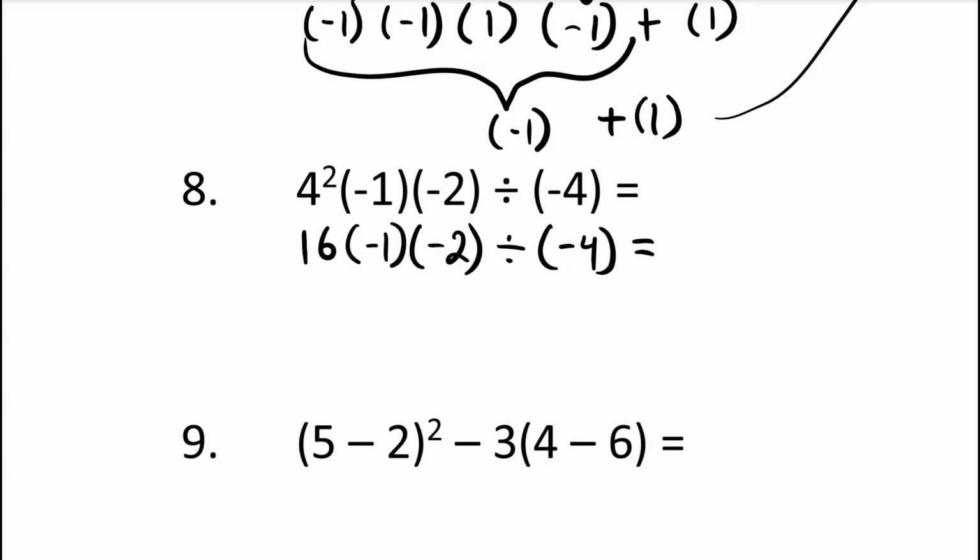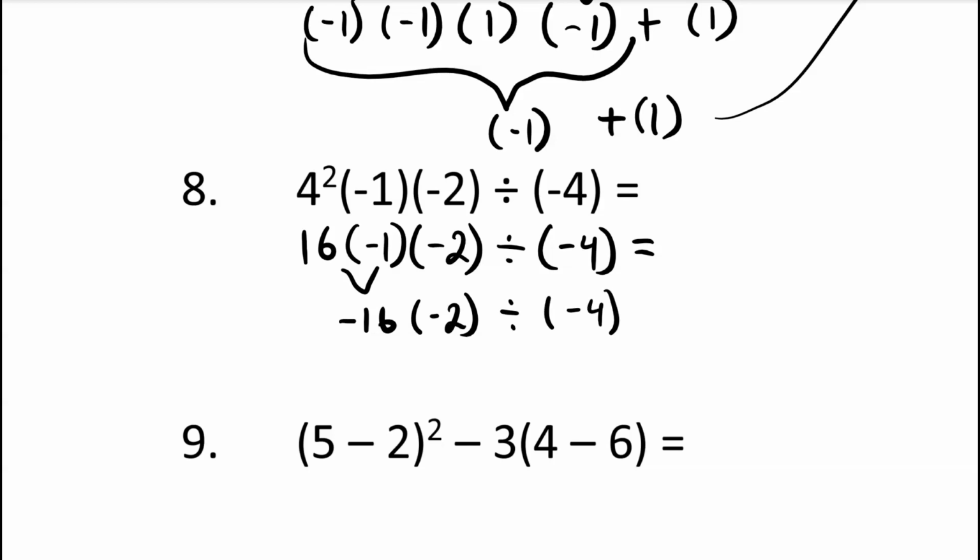Next thing that we want to look for is multiplication and division. Now remember, there's a special rule about multiplication and division, and whatever comes first, left to right. So we have multiplication coming before the division, so we have to address that first. 16 times negative 1 becomes negative 16 multiplied by negative 2 divided by negative 4.